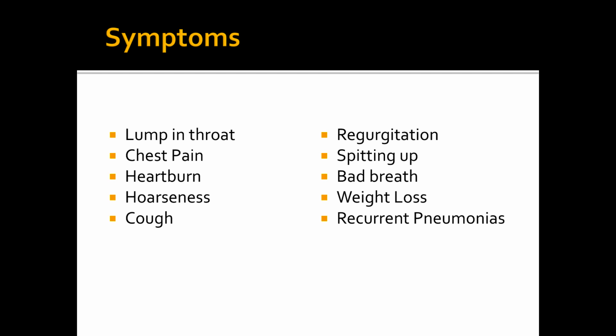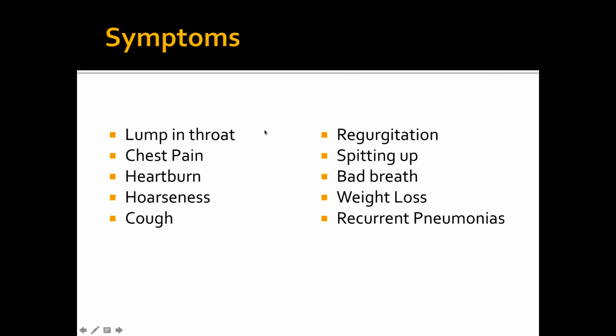But if you look at the symptomatology, patients with reflux disease will have your typical heartburn, chest pain, spitting up, regurgitation. But if you think about it, patients with achalasia will have very similar symptoms. They'll have regurgitation, spitting up. So the history itself doesn't tell you too much to differentiate one disease process versus the other.